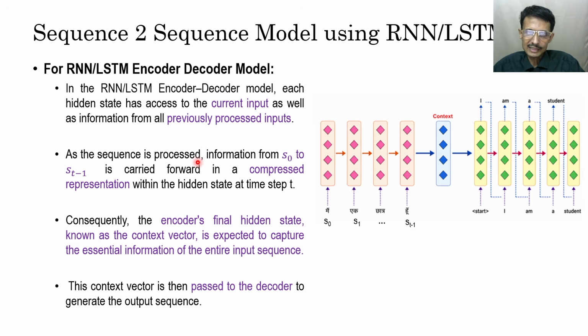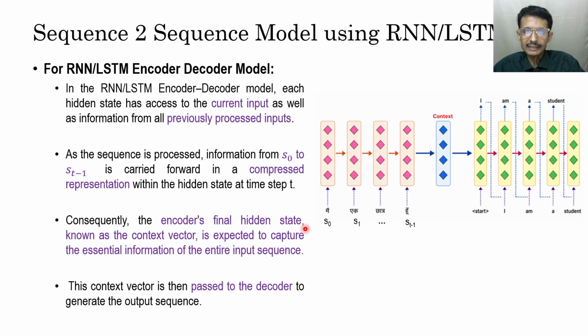As the sequence is processed, the information from S0 to St-1 is carried forward in a compressed representation within the hidden state at time t. So after this time instance t, this compressed representation of the input is called the context.